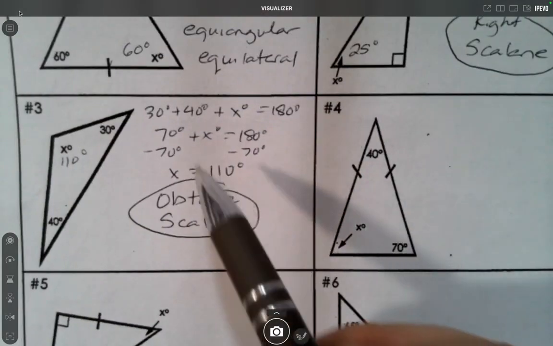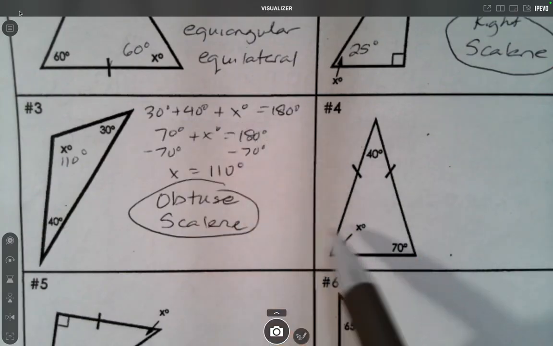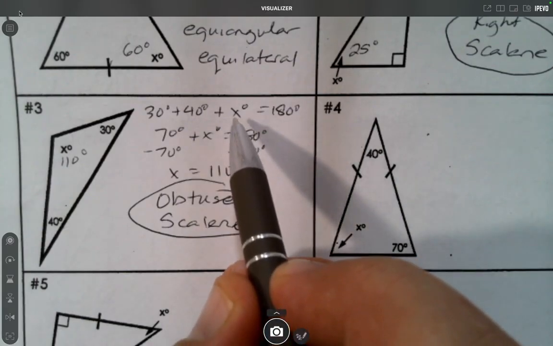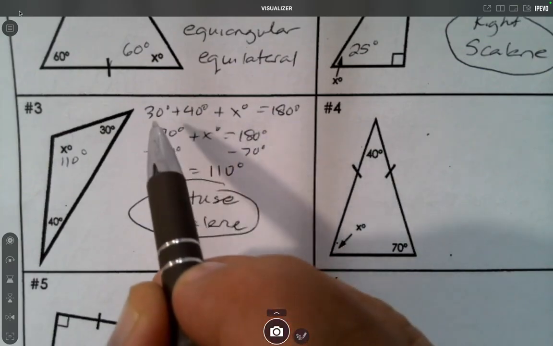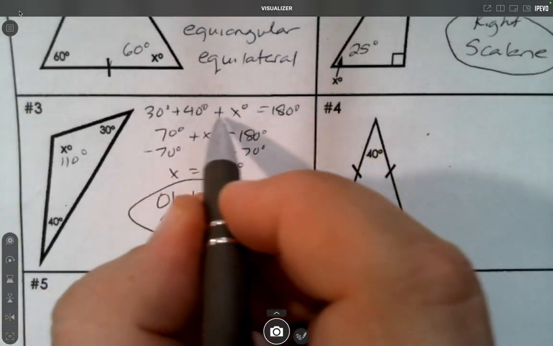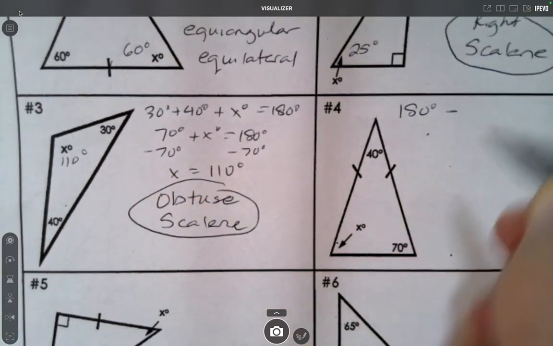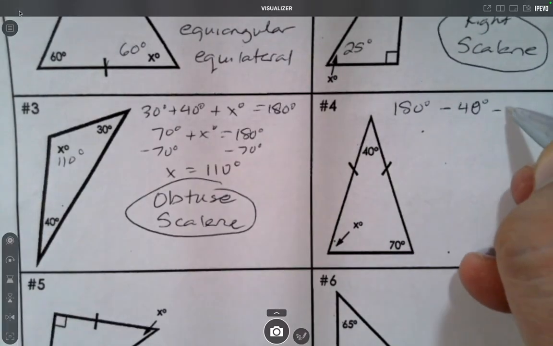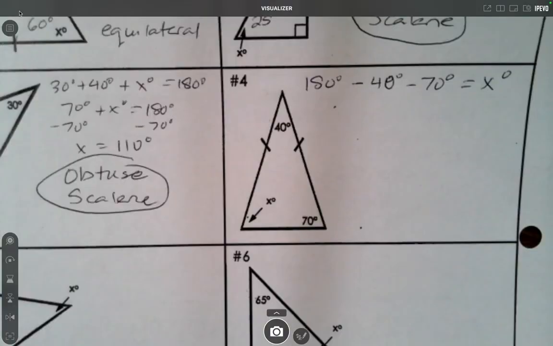Okay, so I'm going to show you a trick that makes this a little bit faster as far as solving for the angle. If you notice, if we want to get x by itself, we could just subtract 40 to that side and subtract 30 to that side. So instead of setting it up as these all added together equal 180, I'm going to say 180 degrees minus 40, because we know that one, minus 70, because we know that one, is equal to the one that's missing.